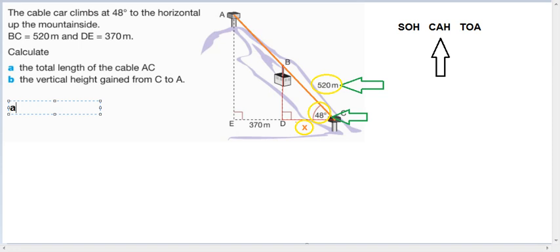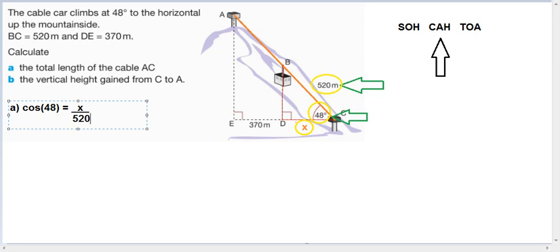Okay, letter A. Cosine of 48 is going to be equal to the adjacent side. The adjacent side is the one that we want to know, so it's X, divided by the hypotenuse, H. Hypotenuse 520.